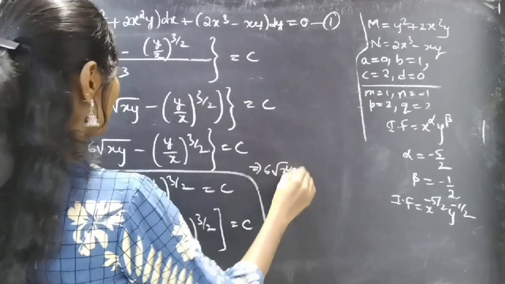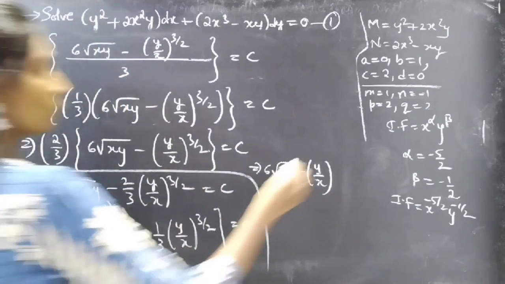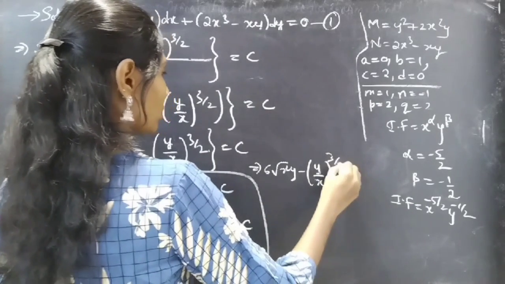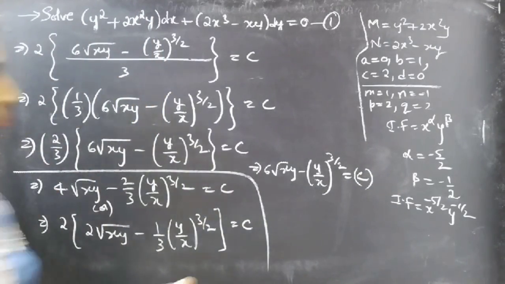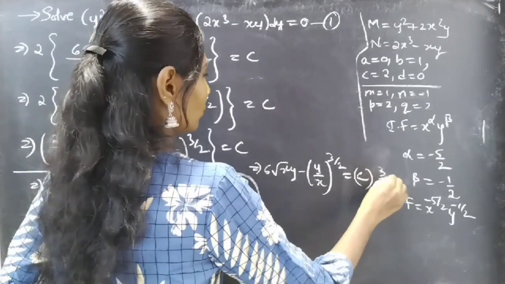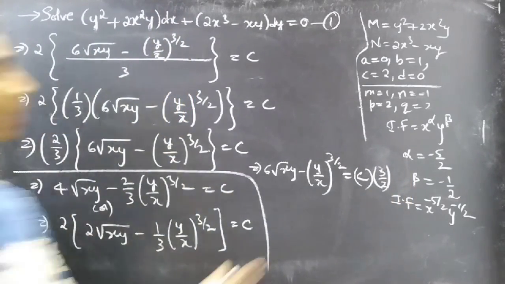Or take this 2 by 3 to the RHS, then we'll get 6 root xy minus y by x whole to the power 3 by 2 equal to c into 3 by 2, right?